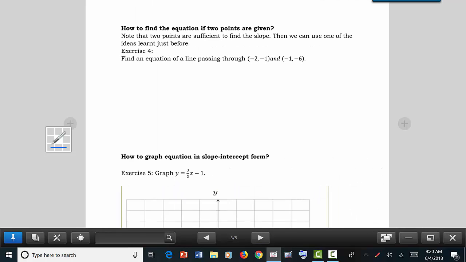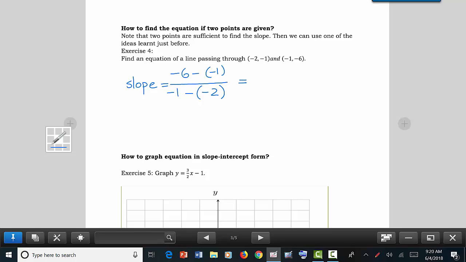Exercise number 4. Now here, the main thing we have to find out is the slope. So let's find the slope. Slope is change in y divided by change in x. Final y is negative 6 subtracting initial y, negative 1, divided by final x, negative 1, subtracting initial x, negative 2.